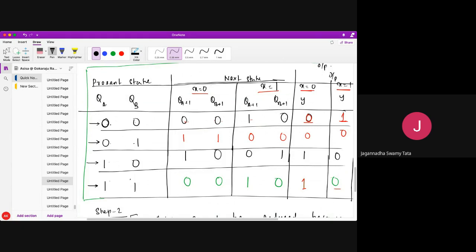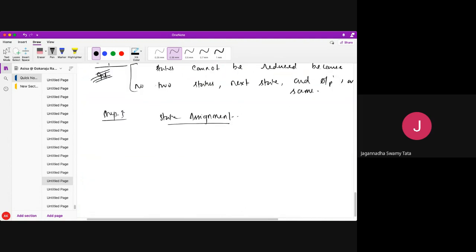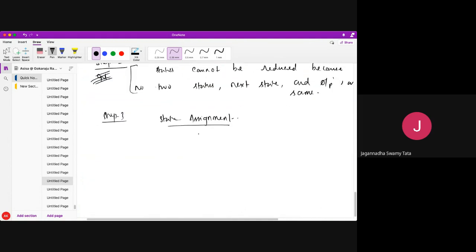If the states are A, B, C, D, E, F like this, then you can assign them the binary values 00, 01, 10, 11. Already the states have been assigned binary values, so no need of state assignment as well. Understand why we don't need state assignment?